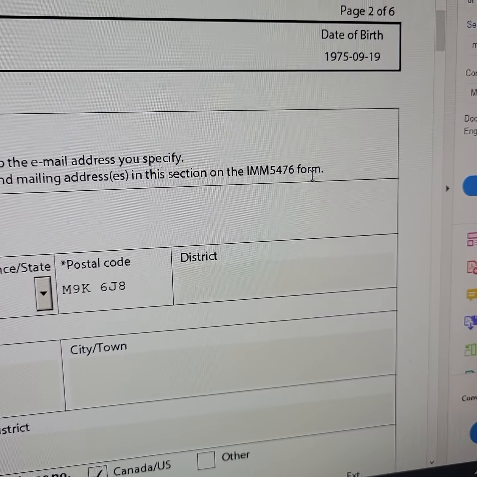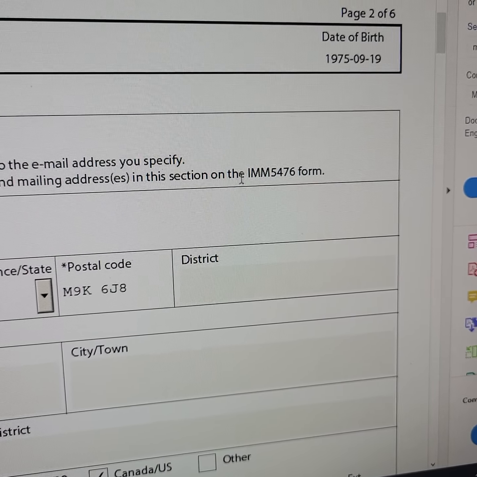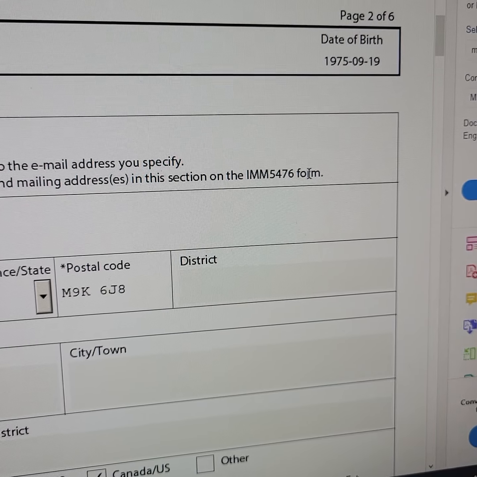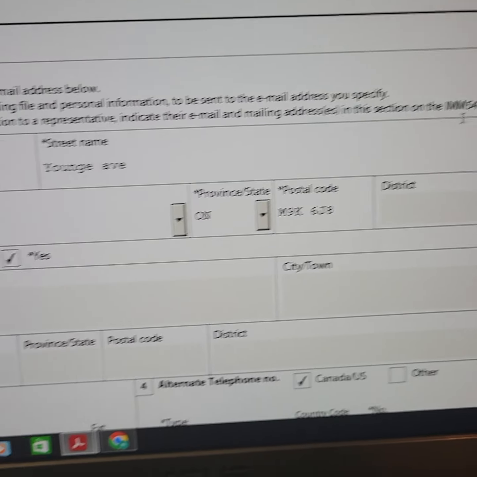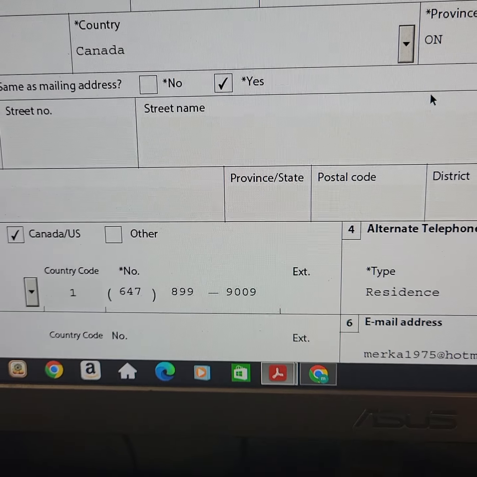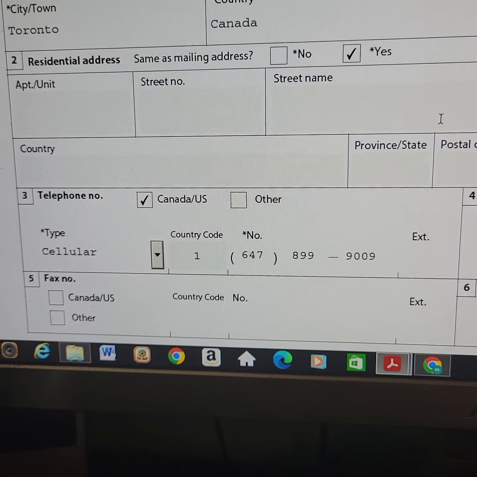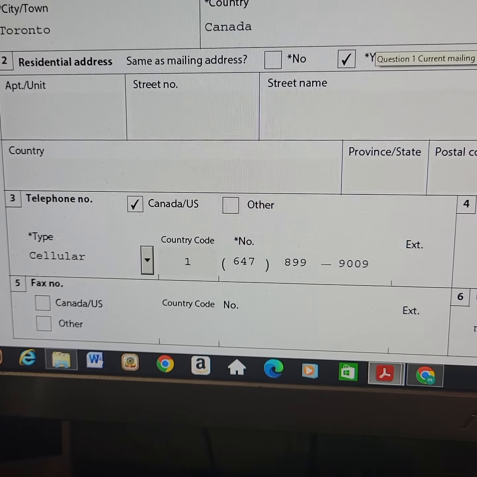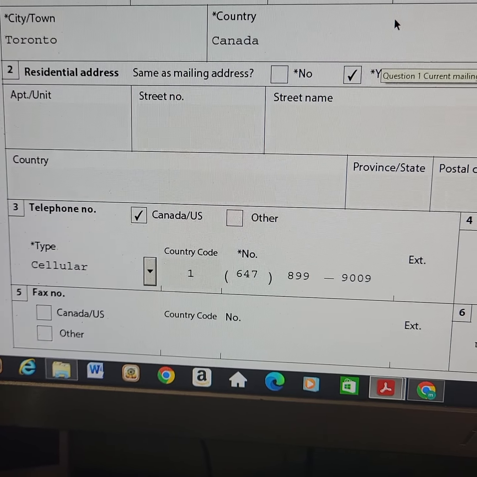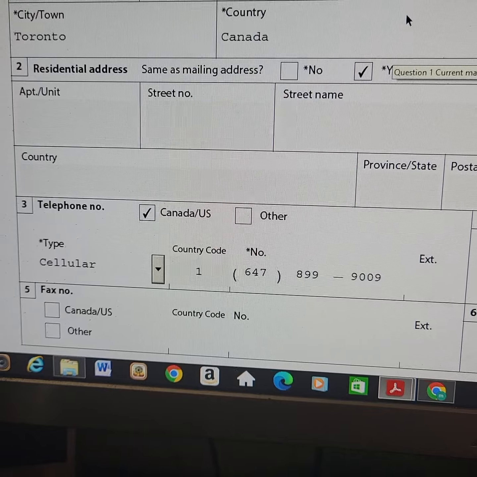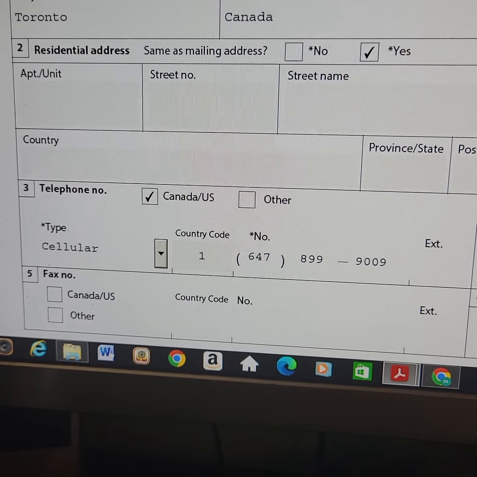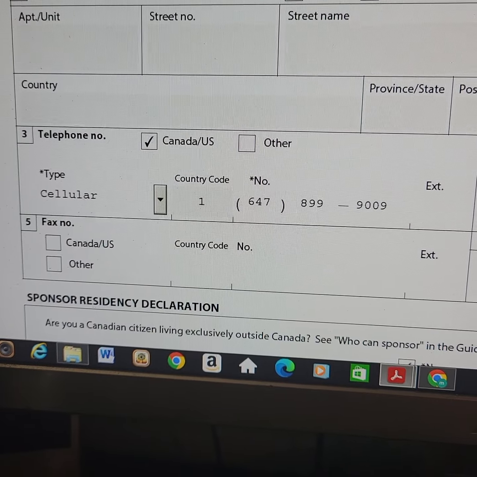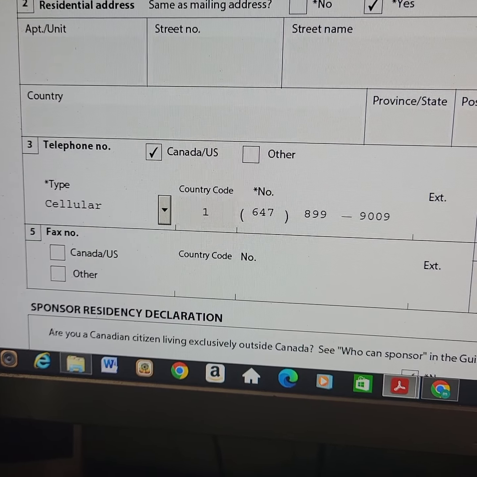Now, if the sponsor is getting all the information, this form needs to be filled out with all the sponsor's information, including the ones in here. So keep in mind that if you're the one getting all the information from the principal applicant, you put your address and your email, so everything will be coming to you.